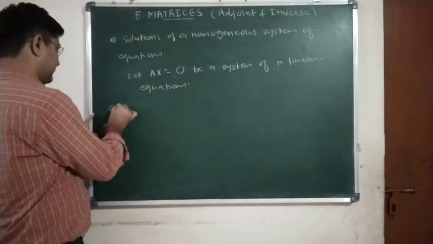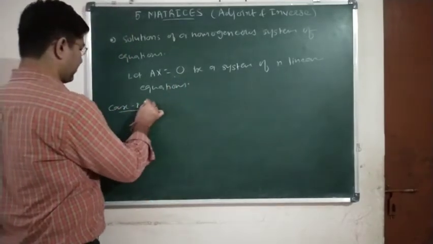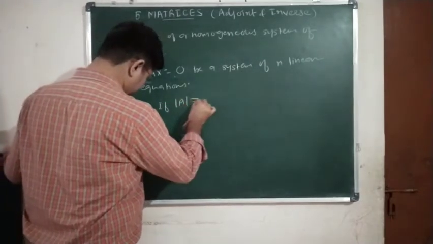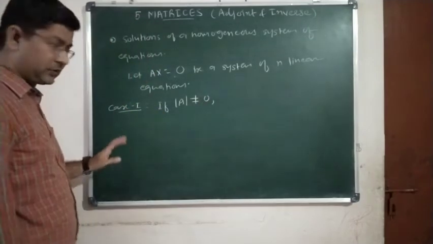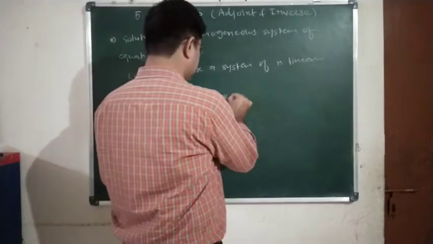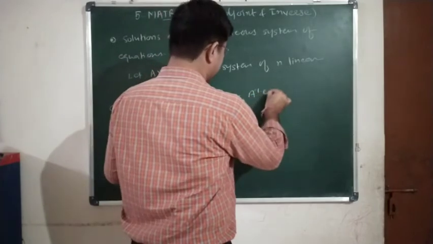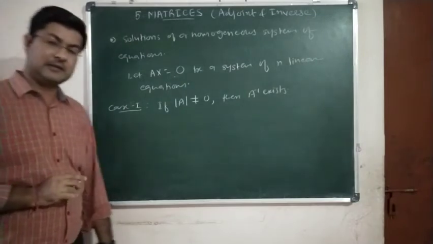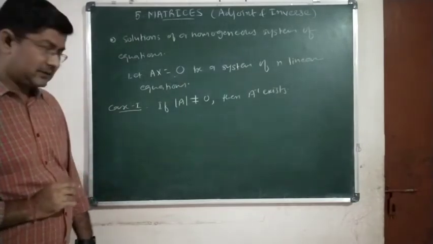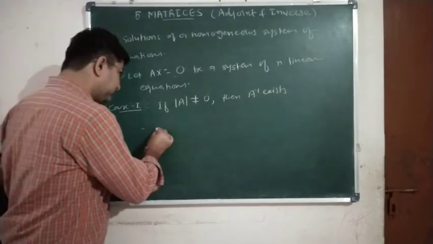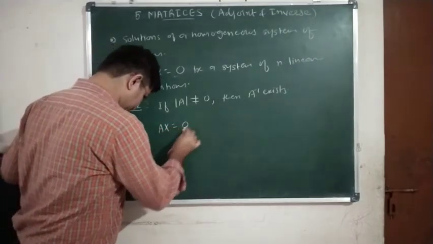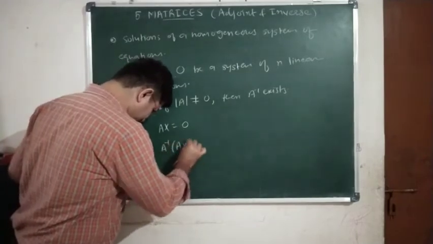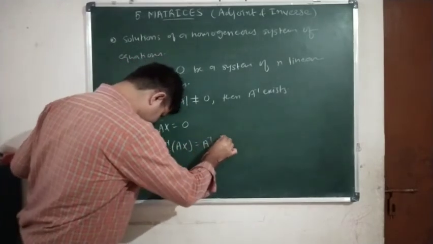Now case 1. If determinant of A is not equal to 0, yes or no? Obviously, then A inverse exists. If A is a non-singular matrix, then inverse of matrix A exists, and therefore Ax = O implies, let us pre-multiply by A inverse.